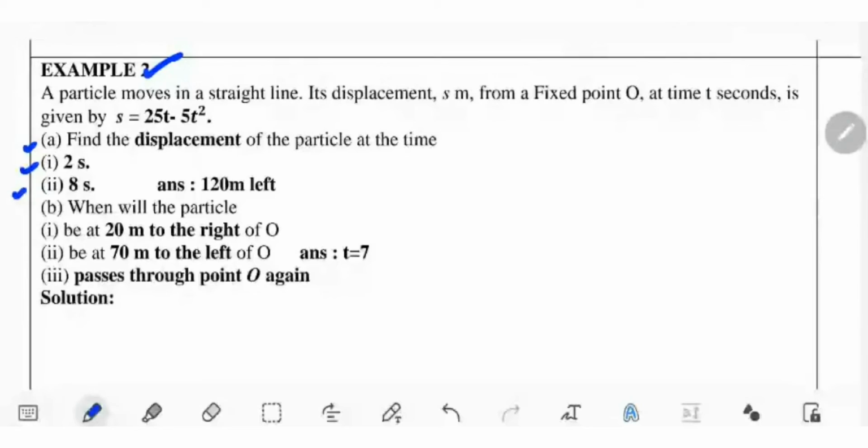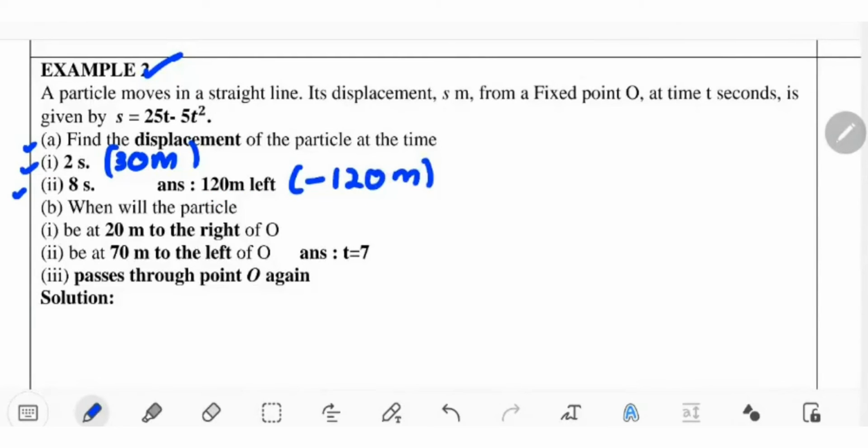A1 30. Yes, 30. A1 jawapan dia 30 meter. Betul? A2 negative 120. 120 meter. Yes, negative 120 meter. Or you can write 120 meter on the left.